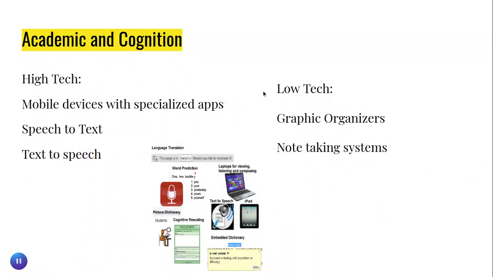So the next area that we're going to talk about is academics and cognition. Some high-tech ways that we can support these students through assistive technology are mobile devices and specialized apps, speech to text, and text to speech.